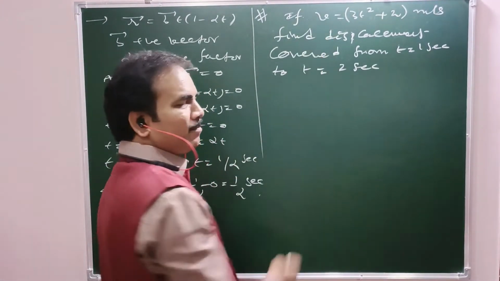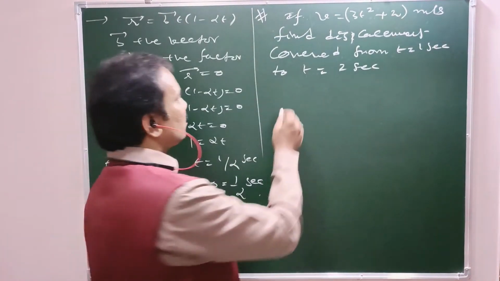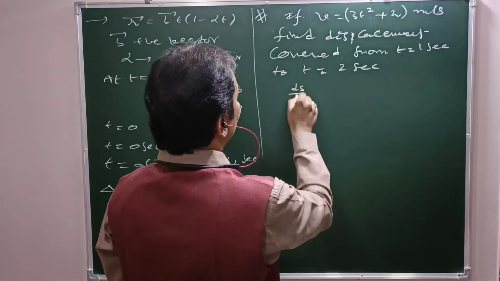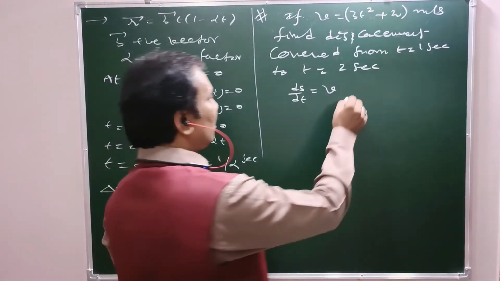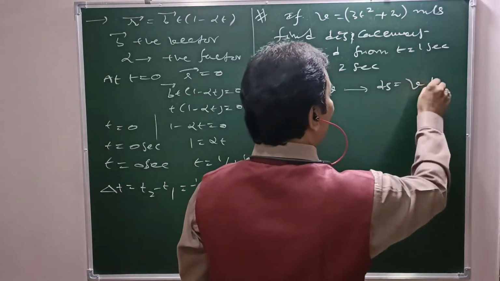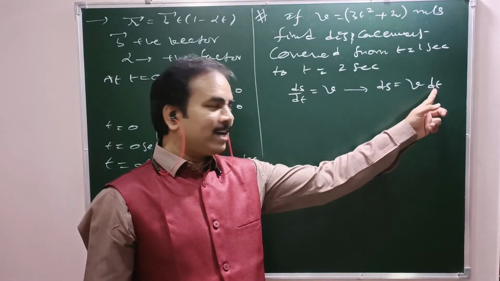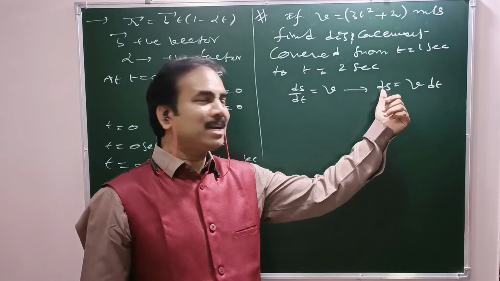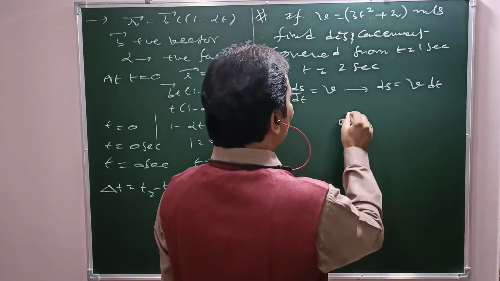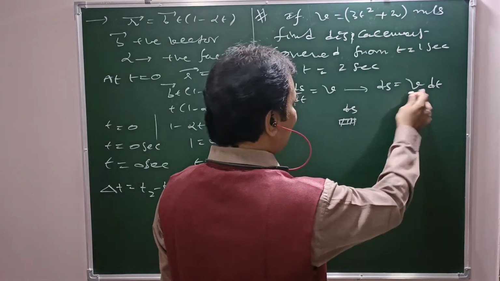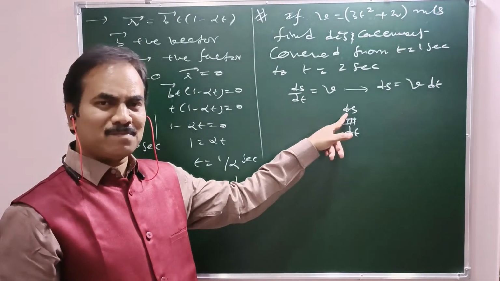Velocity means the rate of change of position with respect to time, that is ds by dt equals v, from which ds equals v dt. Within a time interval dt, that is within an instant dt, the displacement covered is ds.